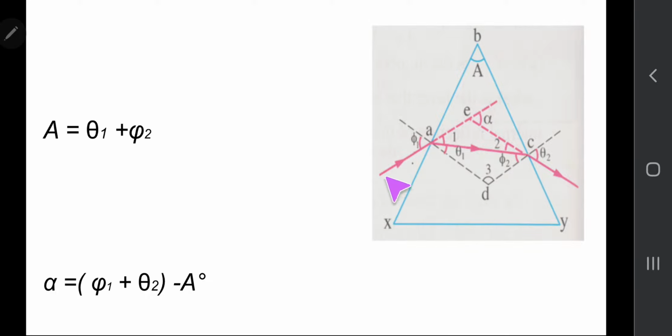So the incident ray on the prism refracts inside the glass, and refracts another time when it emerges into the air.